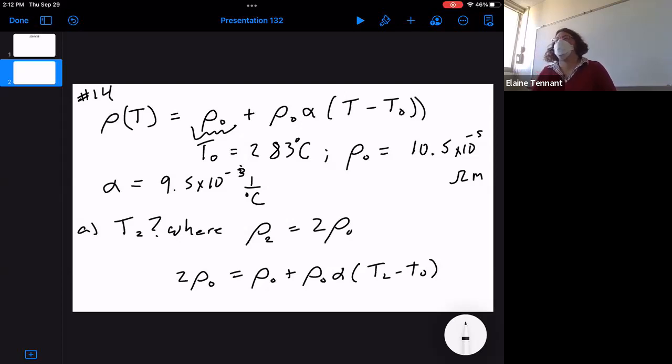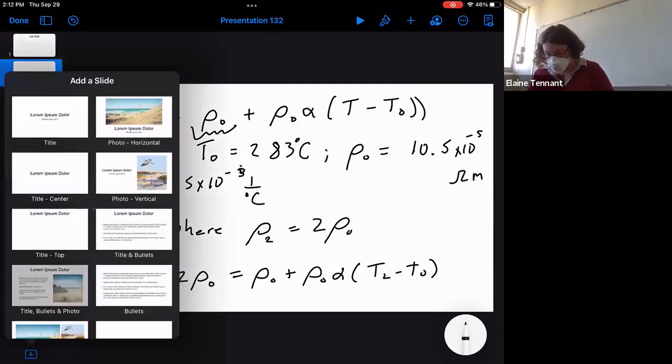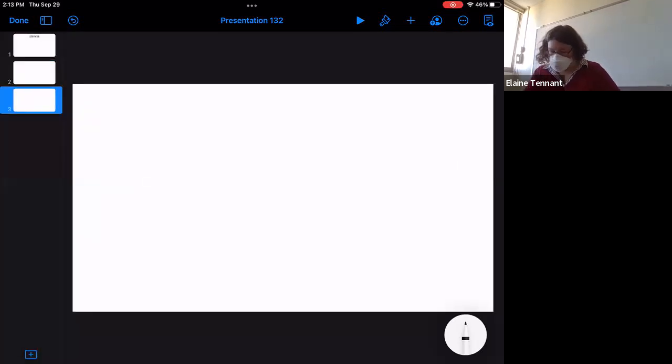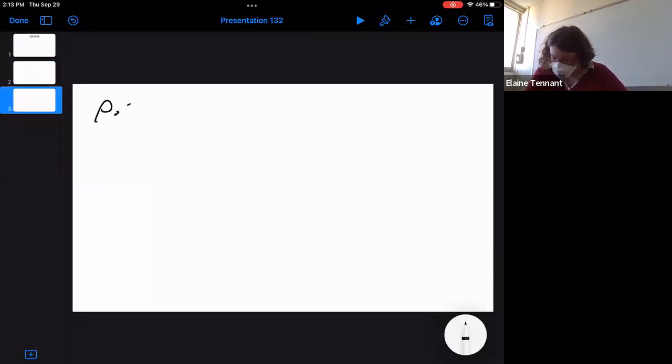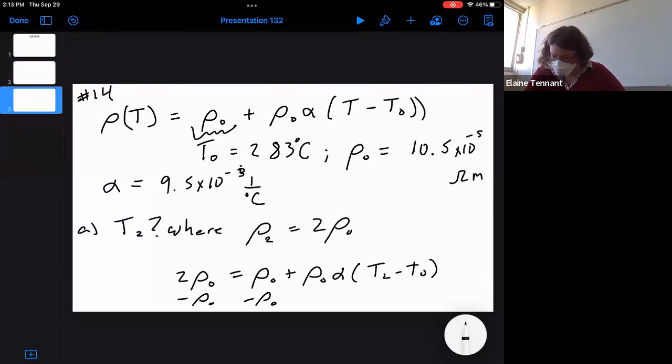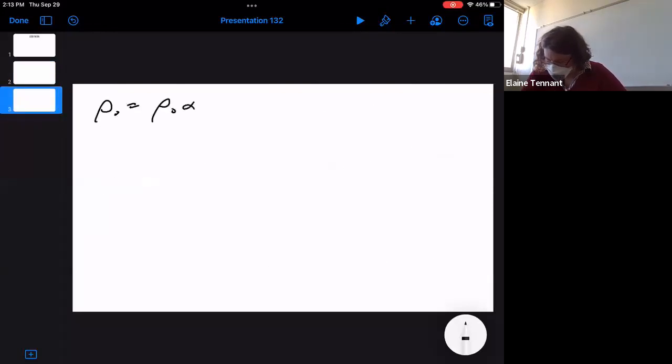Everyone pretty happy? Then we're just going to solve for T2. So I'll subtract a rho naught from both sides. So I'll have rho naught equals rho naught alpha, T2 minus T naught.